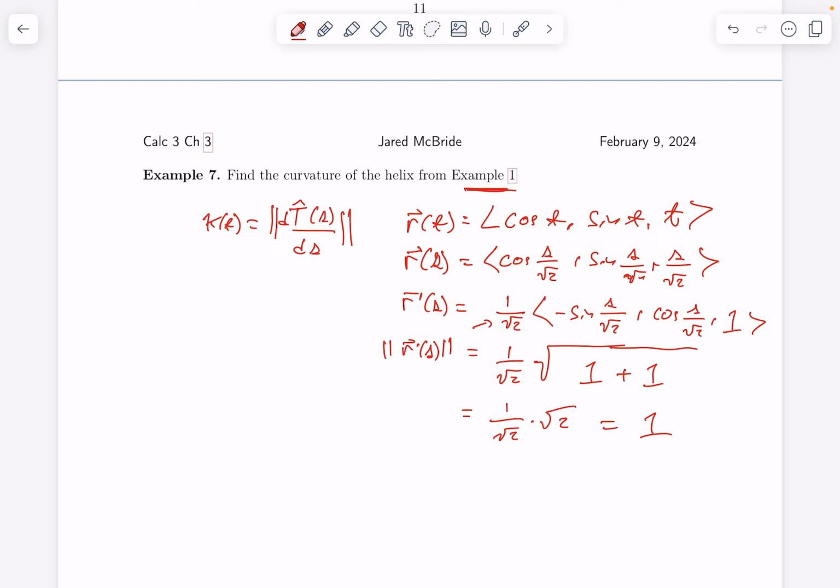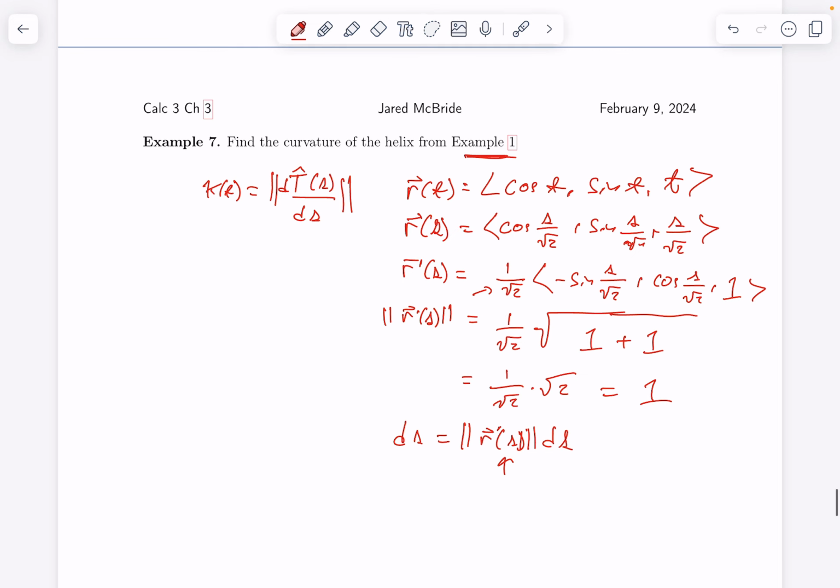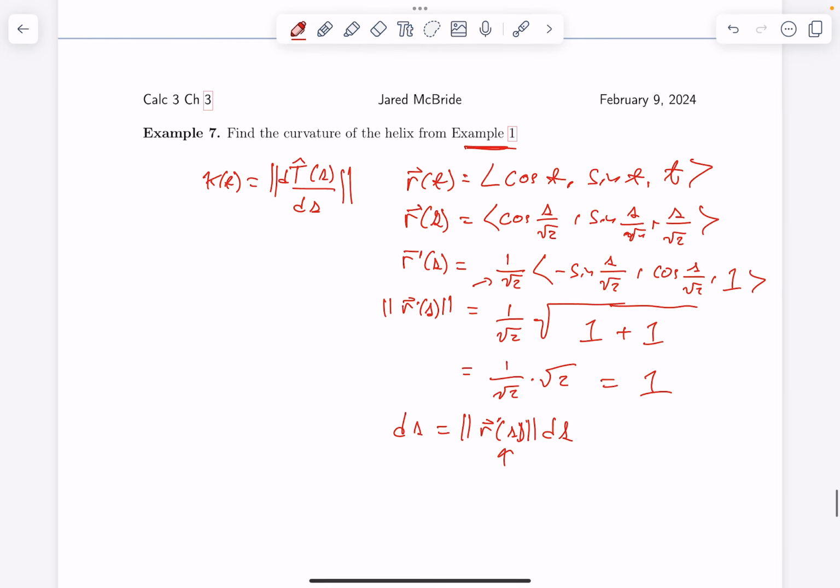And that makes sense when you think about ds equals r prime of s ds. This right here ought to just be 1. Okay, so that's 1.